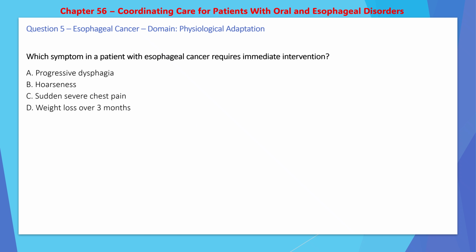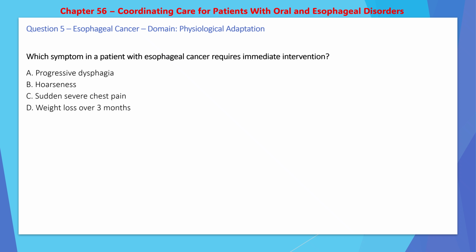Question 5 is esophageal cancer, domain: physiological adaptation. Which symptom in a patient with esophageal cancer requires immediate intervention? Progressive dysphagia, hoarseness, sudden severe chest pain, weight loss over 3 months.